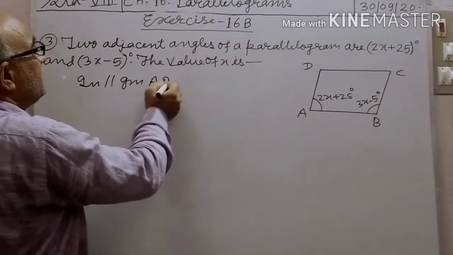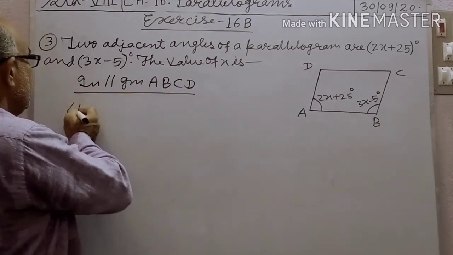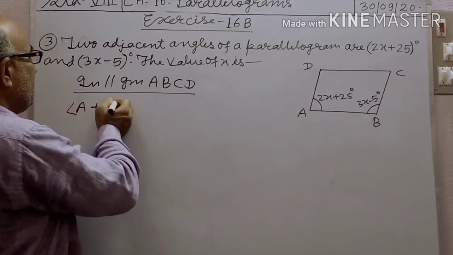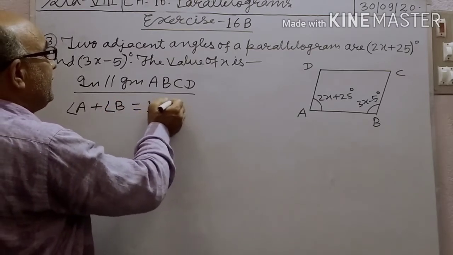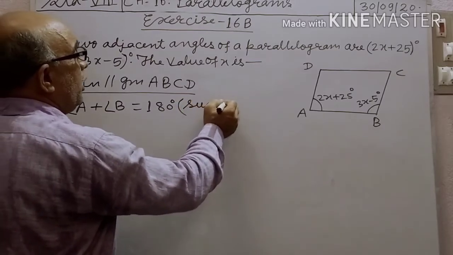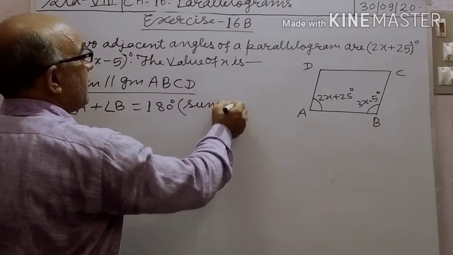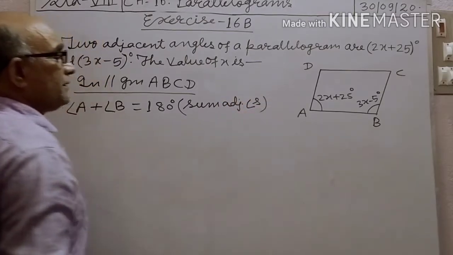So in parallelogram ABCD, angle A plus angle B equal to 180 degree, by sum of adjacent angles.